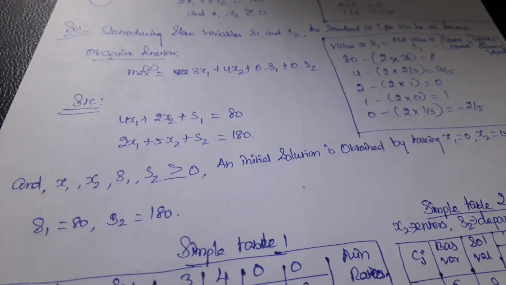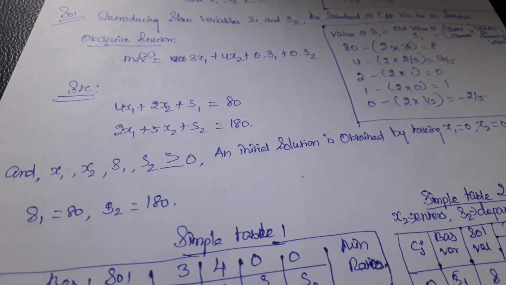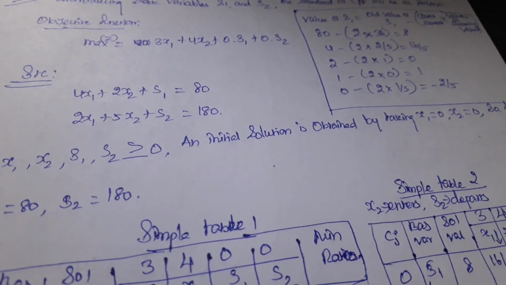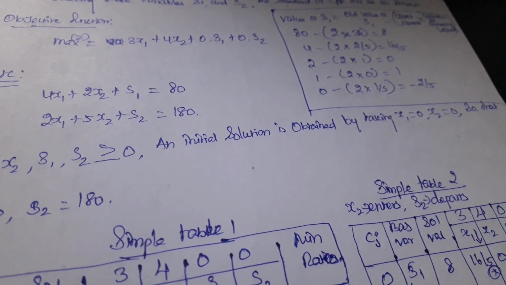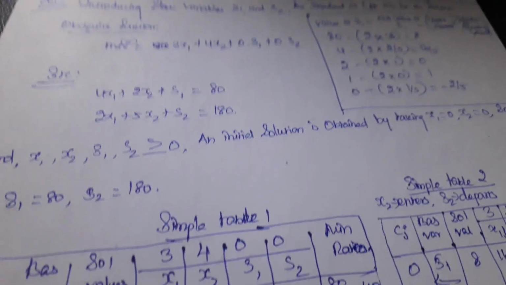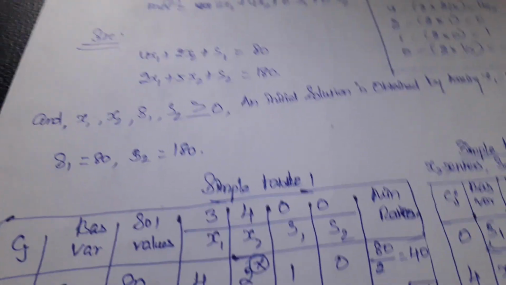And the condition: x1, x2, S1, S2 greater than or equal to 0. So the initial solution is obtained by taking x1 equal to 0, x2 equal to 0, so that S1 equal to 80, S2 equal to 180.